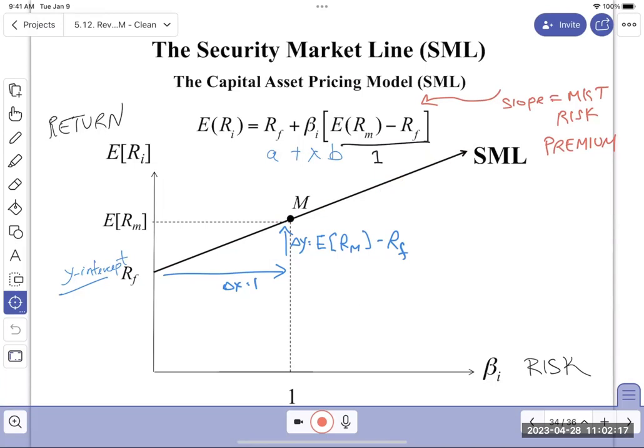Because for any level of risk, if an investor was prepared to take on a beta higher than 1 over here, they can create this return by short selling T-bills and investing the proceeds and their original investment in the market portfolio to get here.